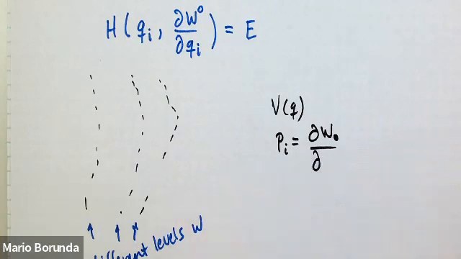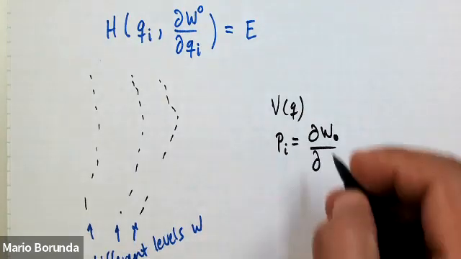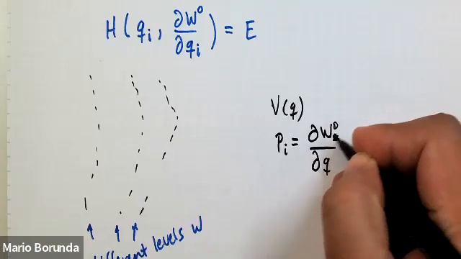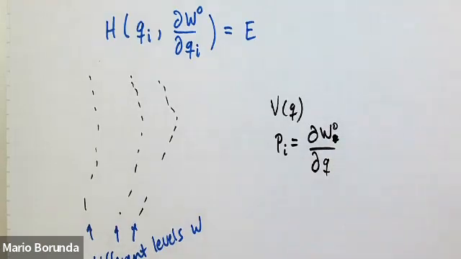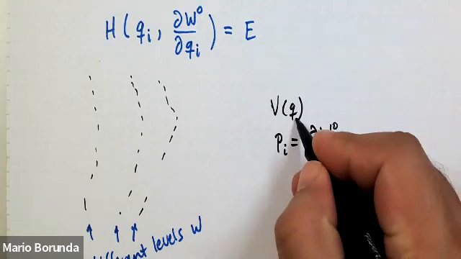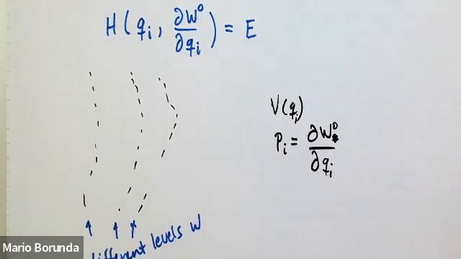Sorry, did I put the 0 in the wrong place? Yeah. So 0 up here, and this is your momentum.